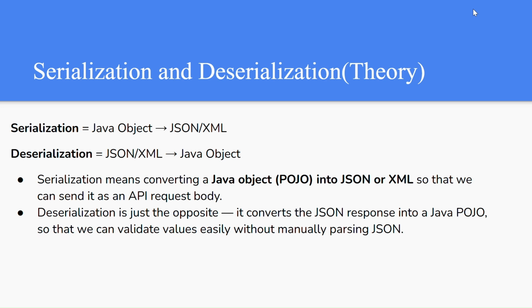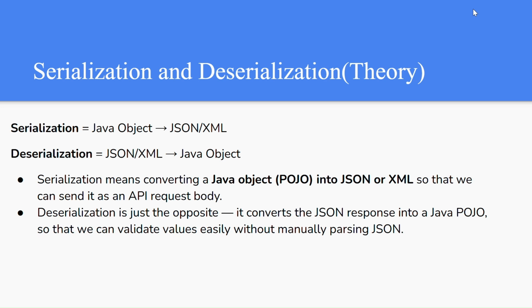When we send a request to an API, the server doesn't understand the Java object. It understands only JSON or XML. So that's why we need serialization here. If you want to send this object in the request body, you cannot send it directly as an object, so you serialize it, converting the Java object into JSON format.